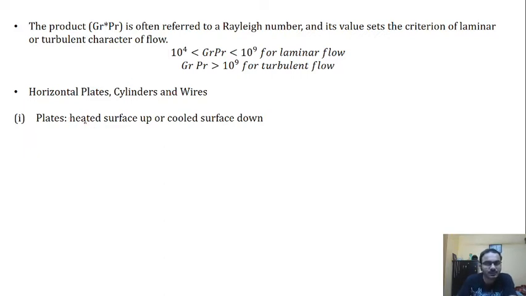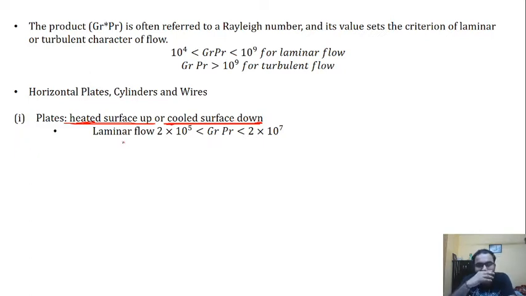In these plates we will consider the arrangement where the heated surface is up or the cooled surface is down. Whenever you do numericals on this, you will get a better idea. In this case, heated surface up or cooled surface down, for laminar flow, Gr Pr will be in the range 2 into 10⁵ to 2 into 10⁷, and based on that our empirical correlation will be this.